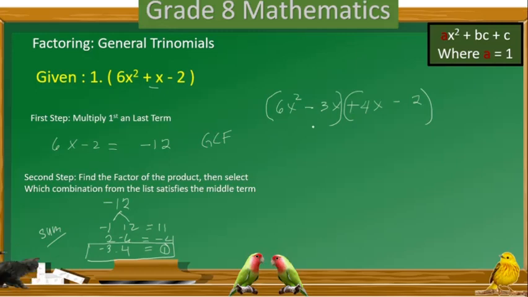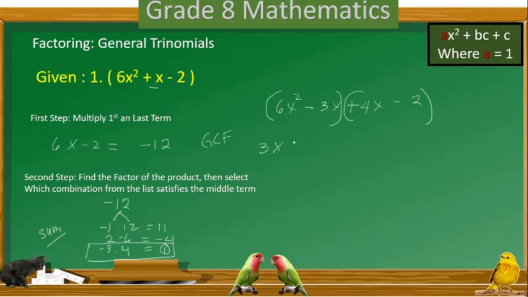For the first group, 6x squared and negative 3x. For the numerical coefficients 6 and 3, the GCF is 3, and for the variable, we look for the one with the smallest exponent, which is x.